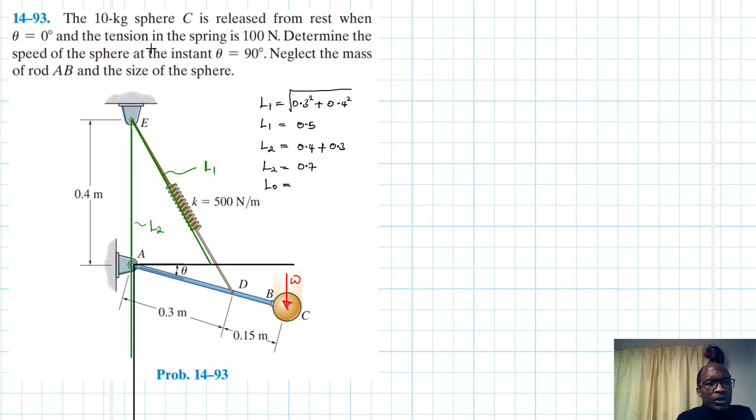Have we been told? Determine the speed of the sphere, neglect the mass of the rod, and so on. The sphere is at rest when theta is equal to 0, and the tension in the spring is 100 newtons. So they've not given us the unstretched length, but they've given us the tension at theta equal to 0.